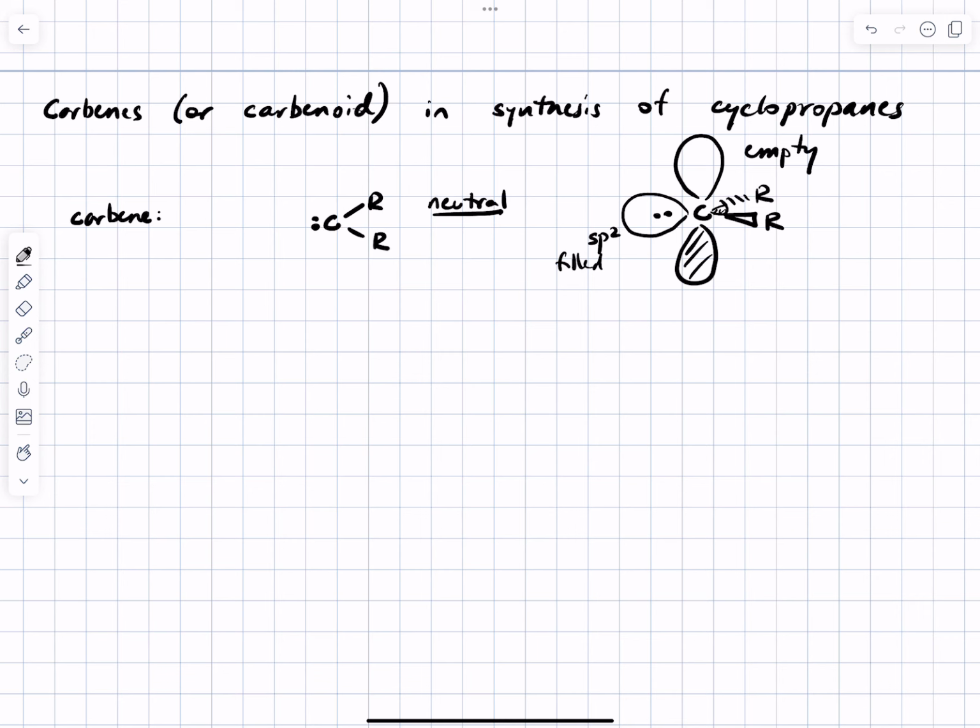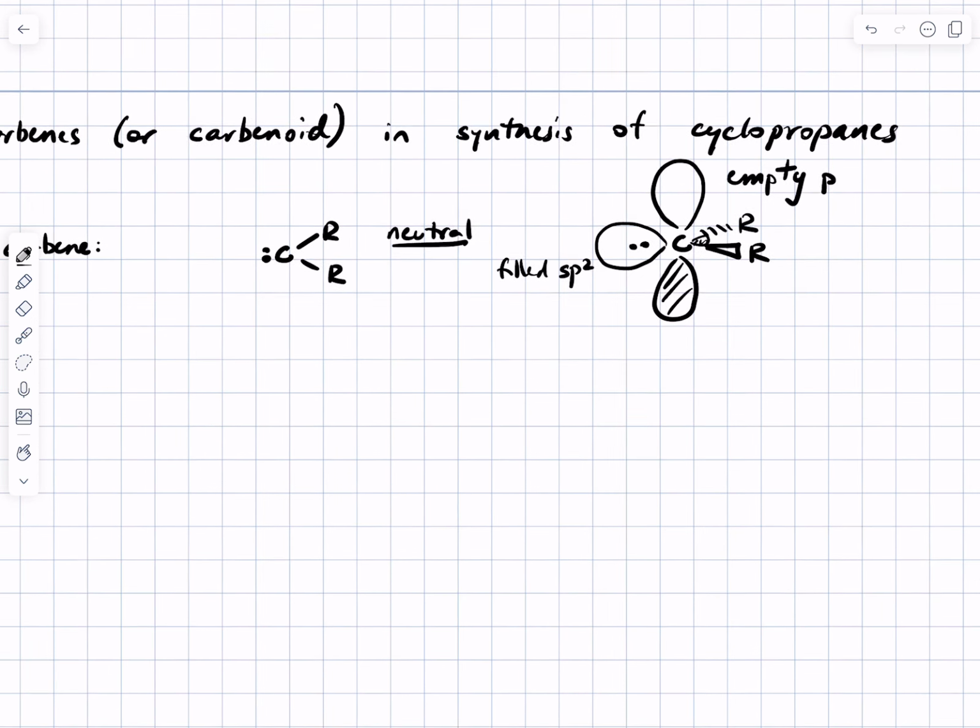So a carbene is, and you can even imagine that this sp2 orbital has a negative charge in it and the p orbital has a positive charge in it. That's an oversimplification, but you can think of a carbene as having dual character.